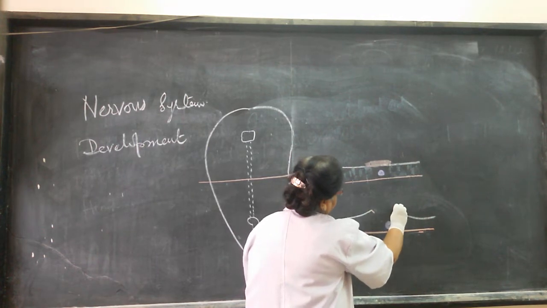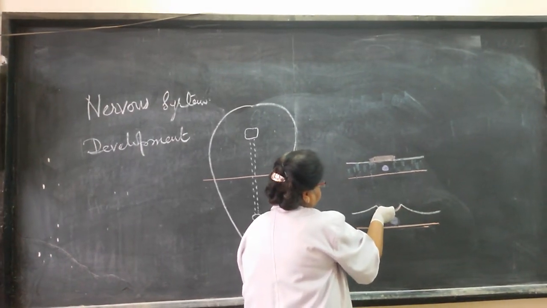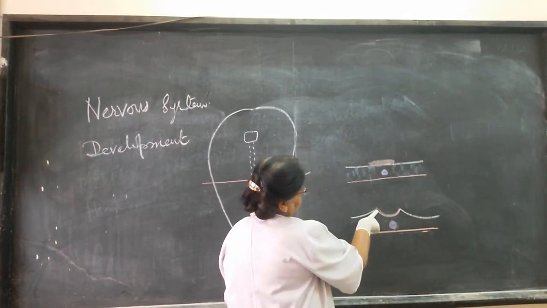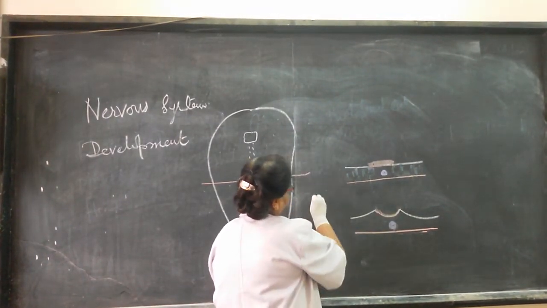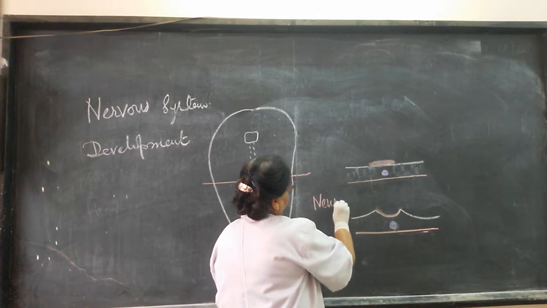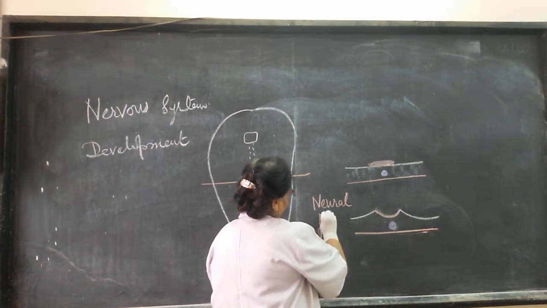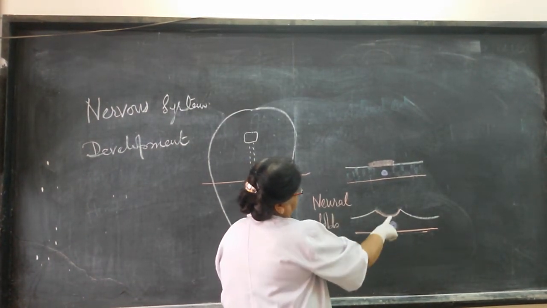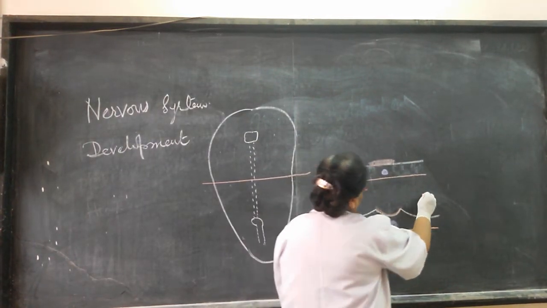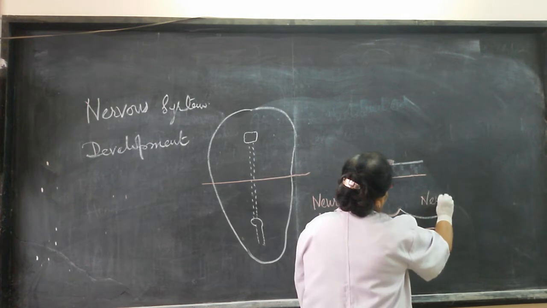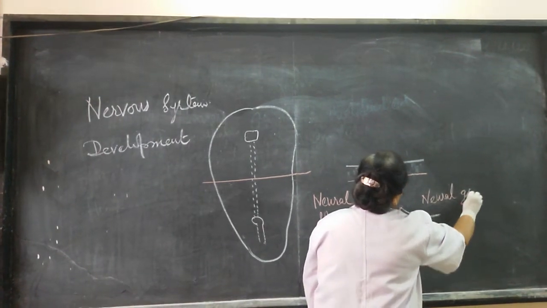It becomes like this with the growth process. The edges are known as neural folds, and the depression in the center is the neural groove.